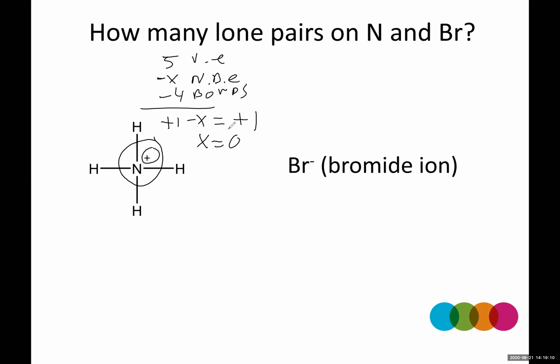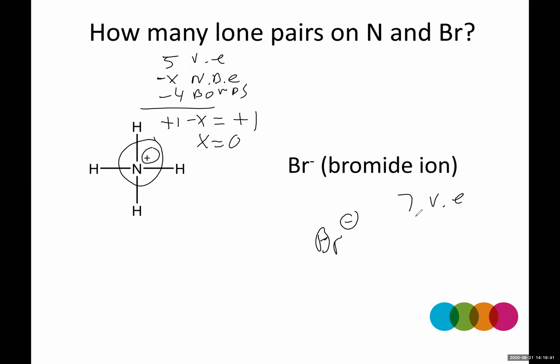Okay, let's try the bromide ion. I'll redraw it, Br minus. So in these problems, we're showing the formal charge, and we're trying to calculate the lone pairs. Bromine is in group 7A, so it has 7 valence electrons. There are no bonds to it, right?